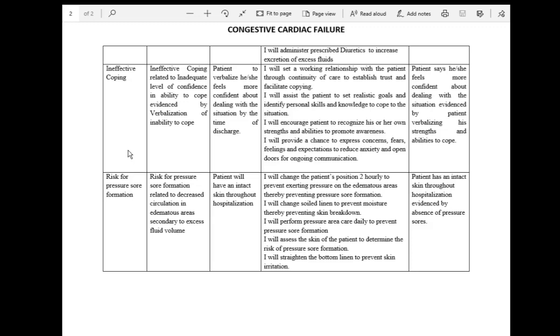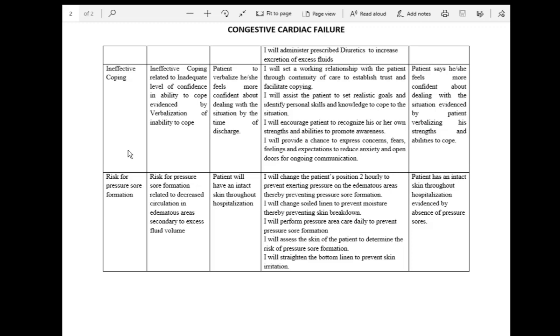The second is I will change soiled linen to prevent moisture, thereby preventing skin breakdown. So here you find that the soiled linen will have moisture. This moisture, when the patient sleeps there, will react and irritate the skin, therefore predisposing to the skin breaking, and this will now result in pressure sore formation.